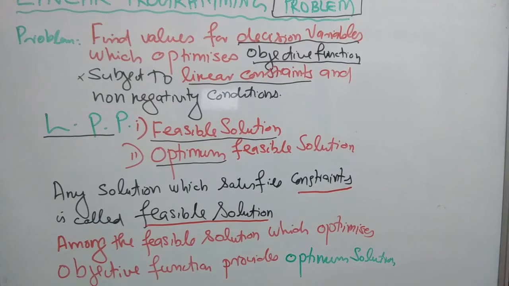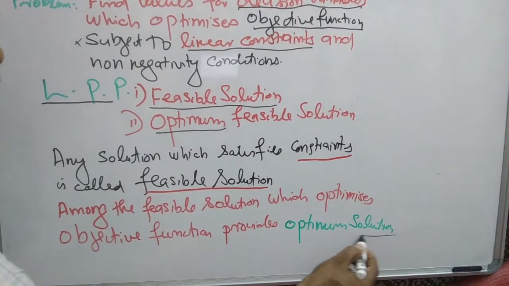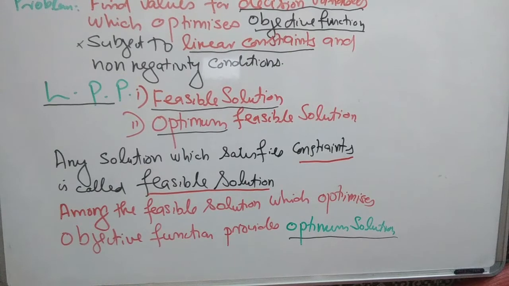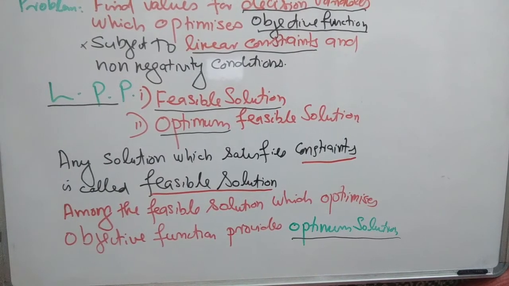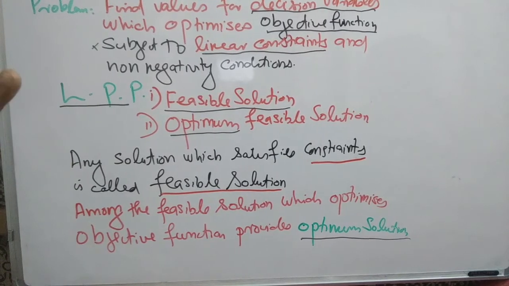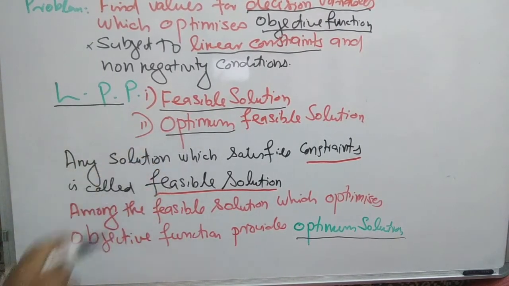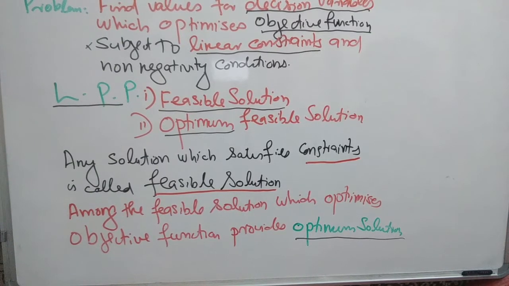And among the feasible solutions, the one which optimizes the objective function is called the optimum solution. So we have decision variables, objective function, linear constraints, non-negativity conditions in the formulation of a problem. And in the solution, we have feasible solution and optimum feasible solution.